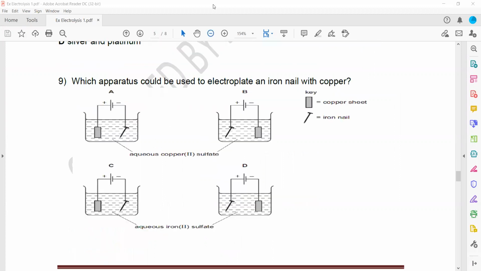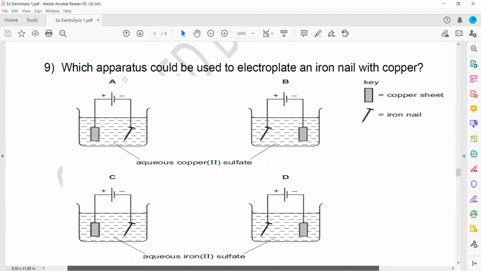Which apparatus could be used for electroplating an iron nail? When we are electroplating, the anode should be made up of the metal which we want as the layer.